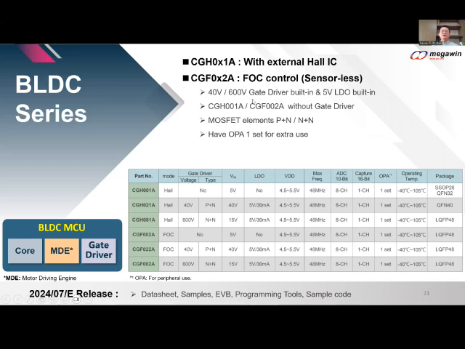We also have a 40 volt, 1600 volt gate driver built in, and a 5 volt LDO built into the chip. So with this BLDC controller, you don't need an external gate driver and external 5 volt LDO. This saves layout area and also saves cost.